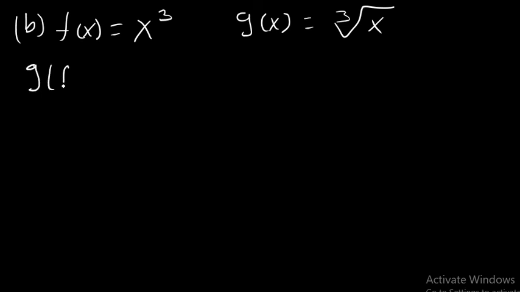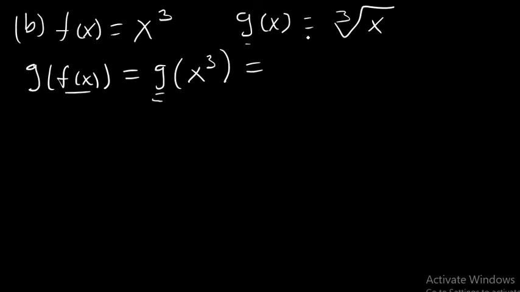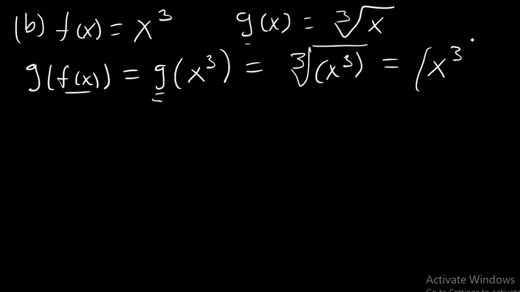G of f of x is the same as g of what's f of x? X cube. What does the g operator do? Just put in the cube root of x cube. This is the same as x cube to the power of 1 over 3. Cubing and cube root are inverse processes of each other, so they will cancel each other, and then simply directly you can extract x here.